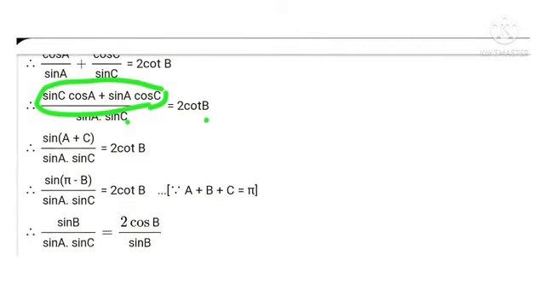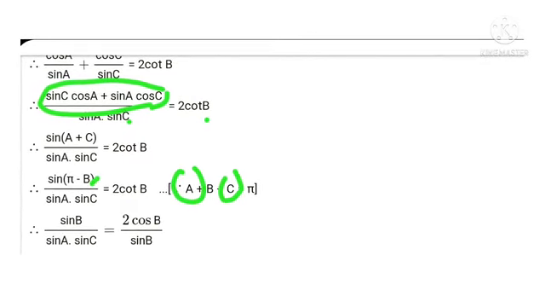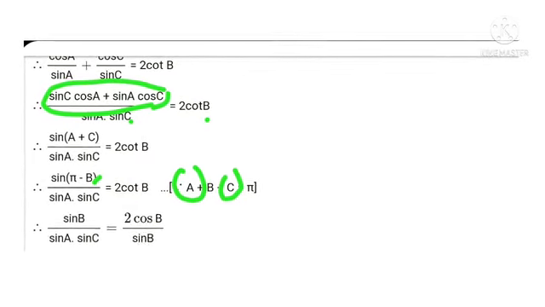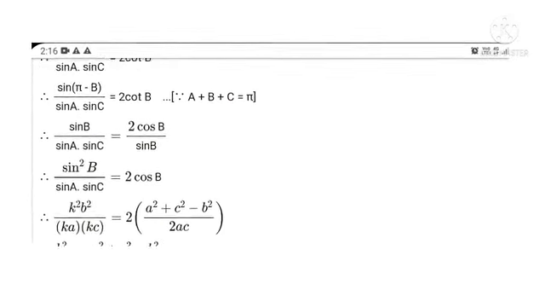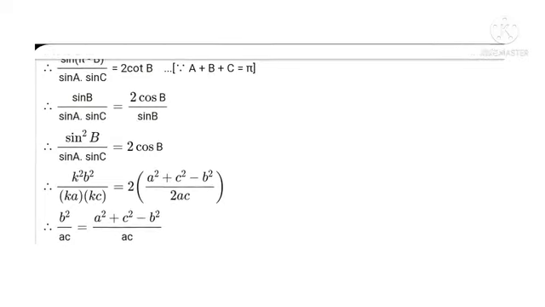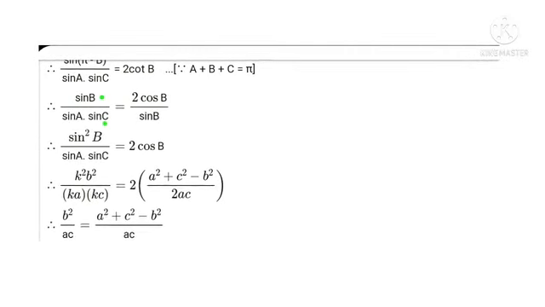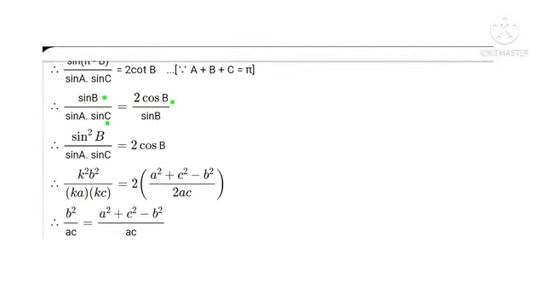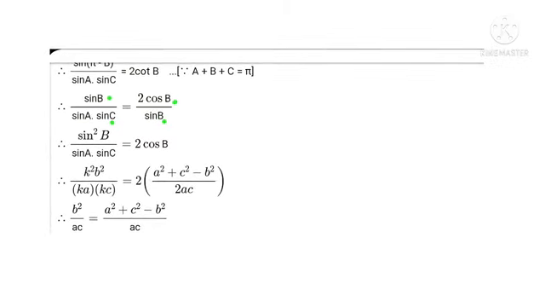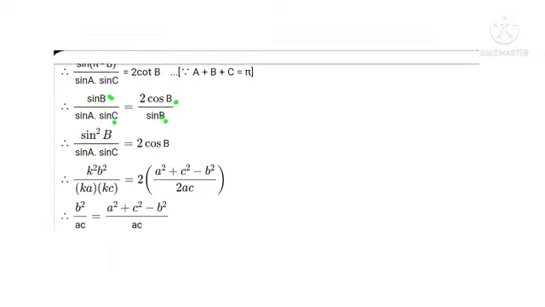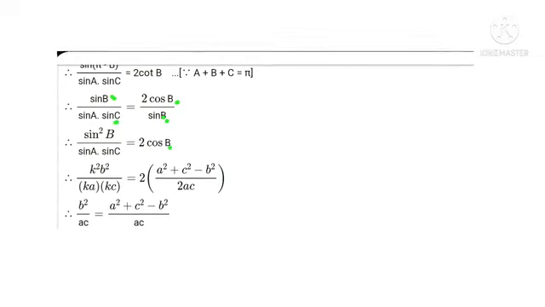Now A plus C is nothing but pi minus B. Okay. And sin(pi minus theta) is sin theta. So we get here sin B upon sin A into sin C is equal to 2 cos B upon sin B. You cross multiply, sin square B upon sin A into sin C is equal to 2 cos B.